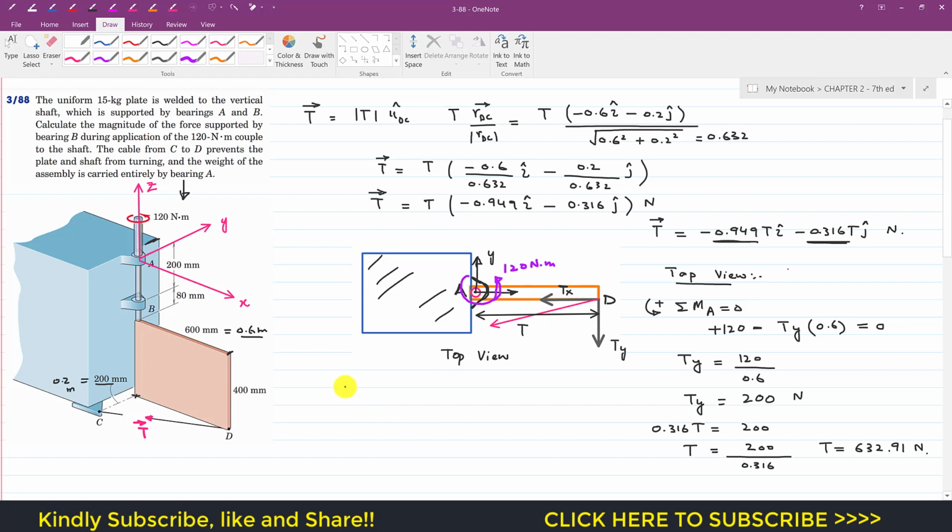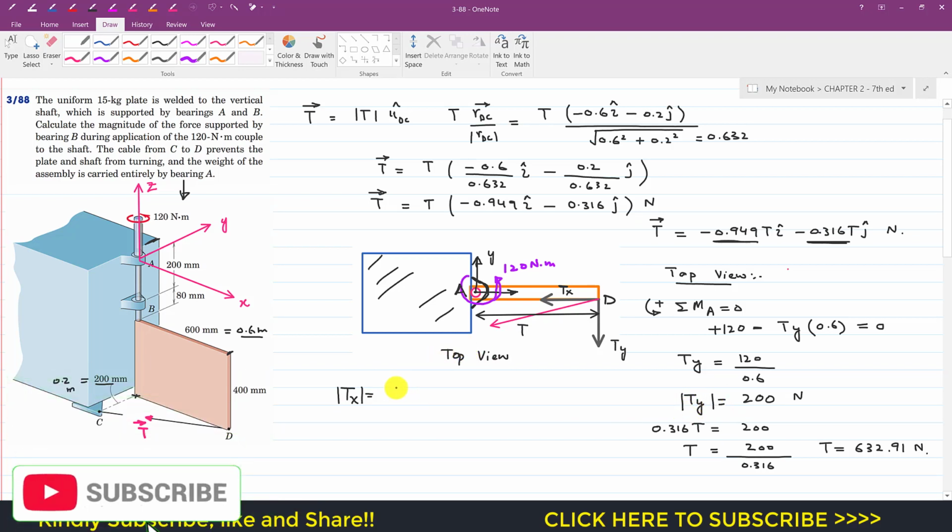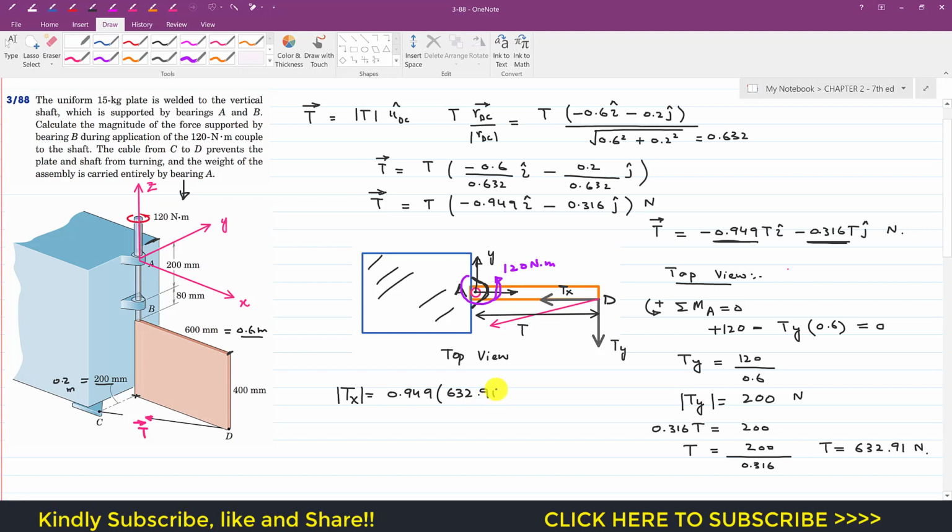So now if you want to find Tx, this is that Tx component of that tension T. We want to find only the magnitude, remember. This is Tx magnitude and this is Ty magnitude. We are not considering the direction, right? So Tx is 0.949 times the T magnitude, which is 632.91.